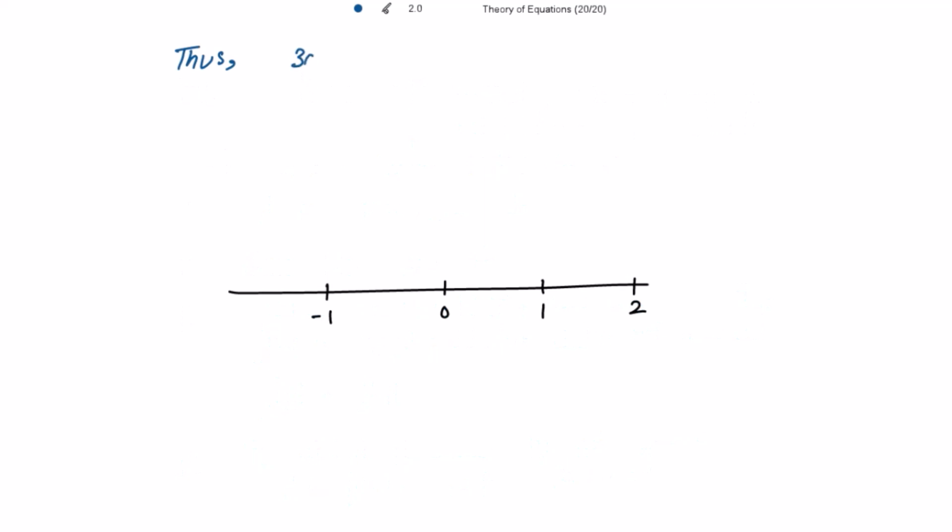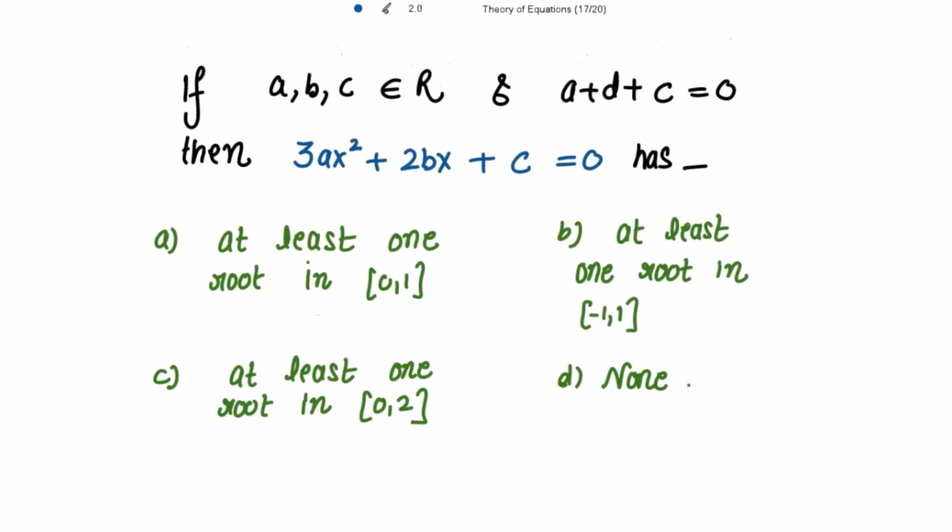Thus 3ax² plus 2bx plus c equal to 0 has at least one root in the closed interval 0, 1, which means we are getting the first option, at least one root in the closed interval 0, 1.